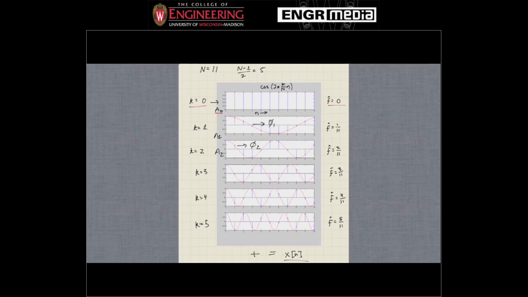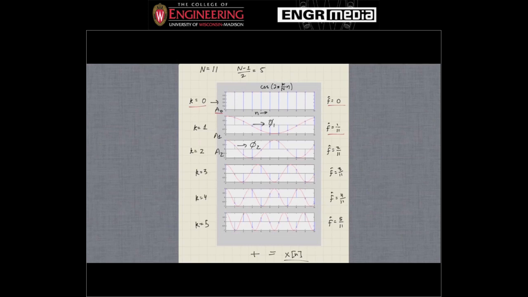You can think of 1 over N as the fundamental frequency, and then we have harmonics at 2 over N, 3 over N, 4 over N. These are digital frequencies, so the units are cycles per sample.